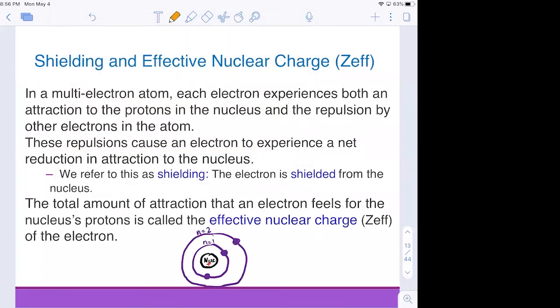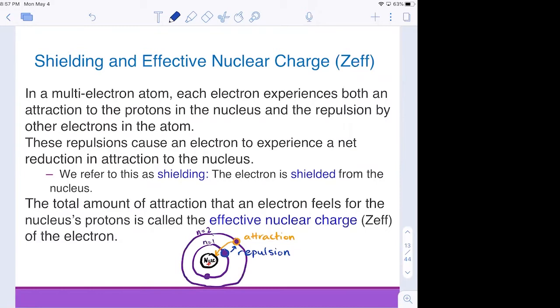This outer one is trying to feel attraction to the nucleus. But what it has to compete with is repulsion between the inner electrons. That's what we call shielding. The innermost electrons effectively shield our nucleus.